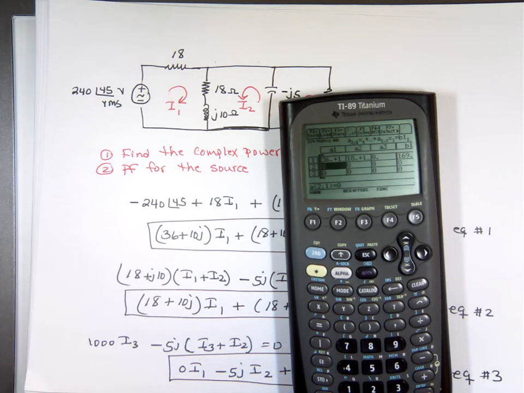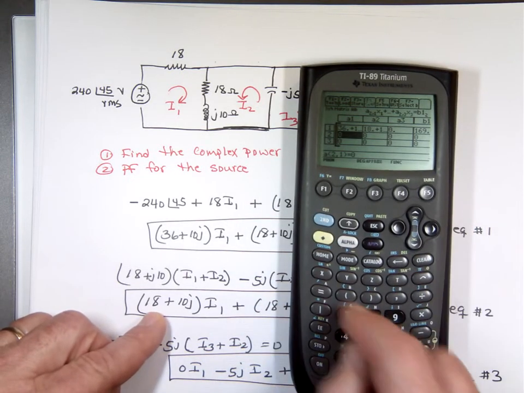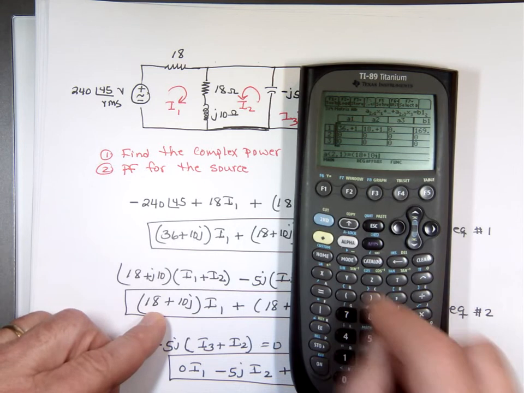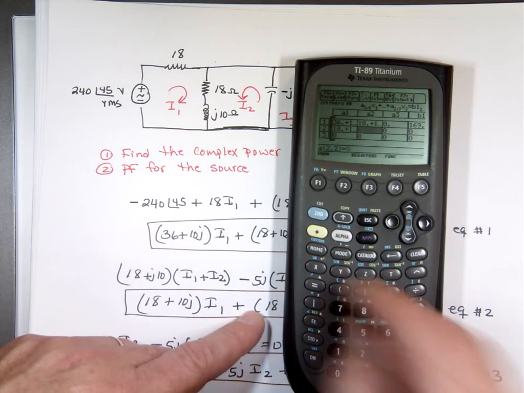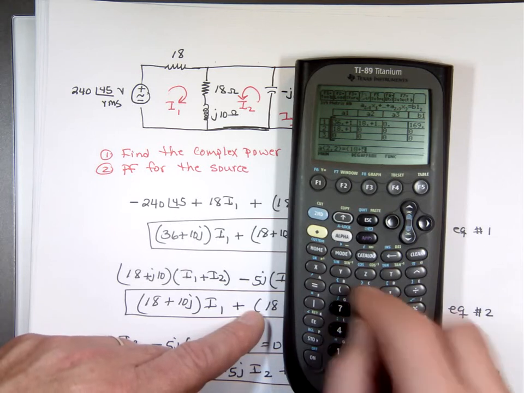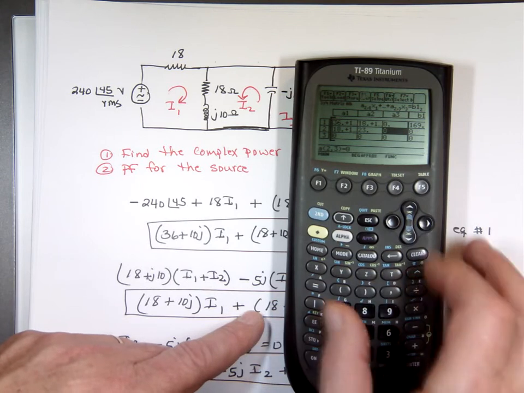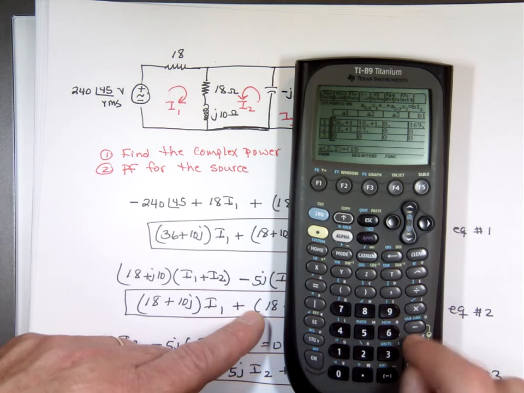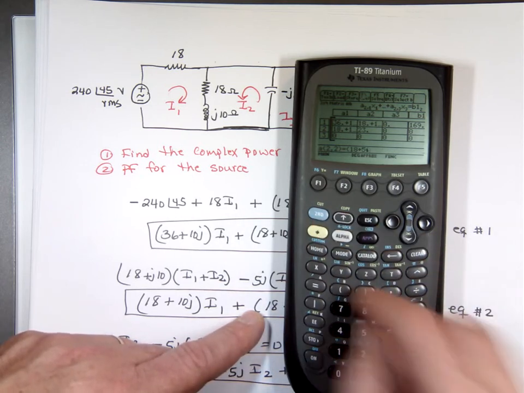Now we go to the second equation. 18 plus 10j. 18 plus 10i. 18 plus 5j. Uh-oh. 18 plus 5j. I forgot to put the i there because it says 23 there. I went back to it.